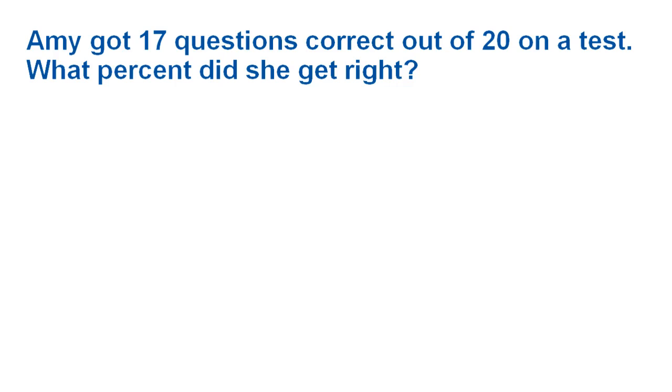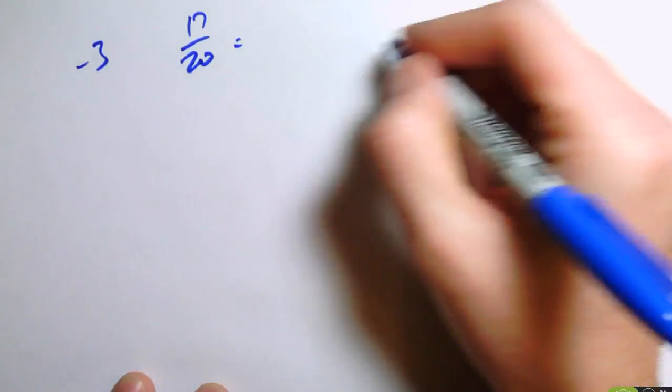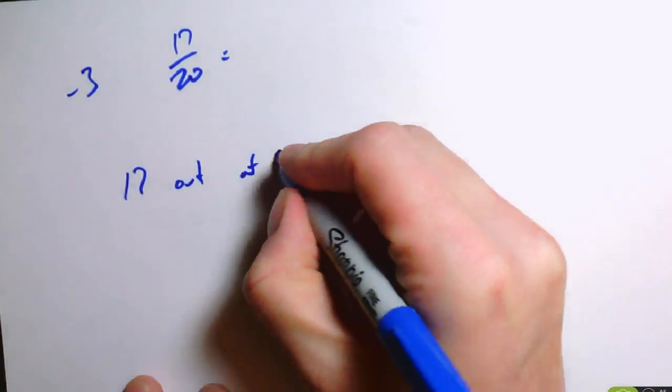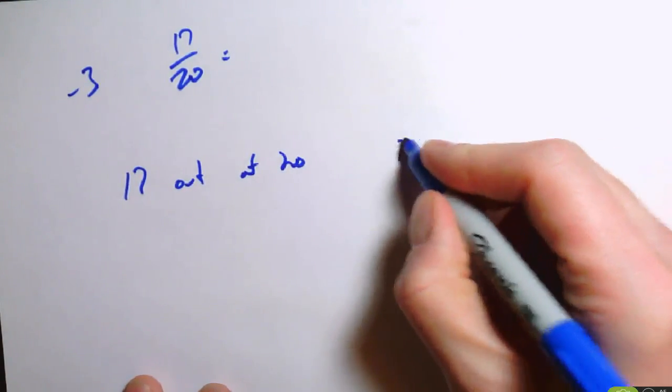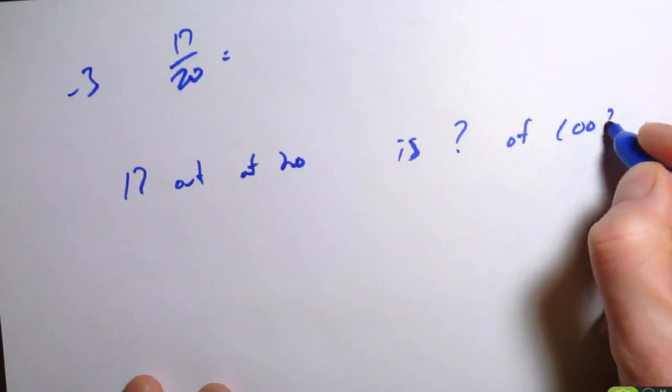Amy got 17 questions correct out of 20 on a test. What percent did she get right? You'd see on your test 17 over 20 equals score. What I'm thinking is 17 out of 20 is what number out of 100?